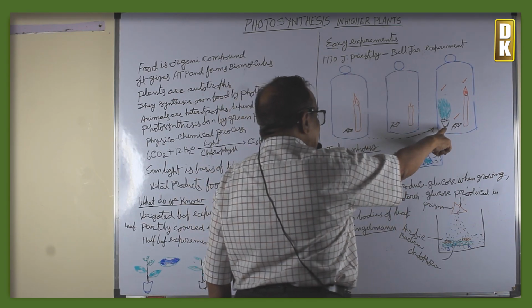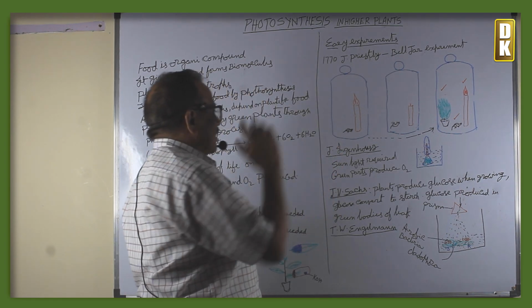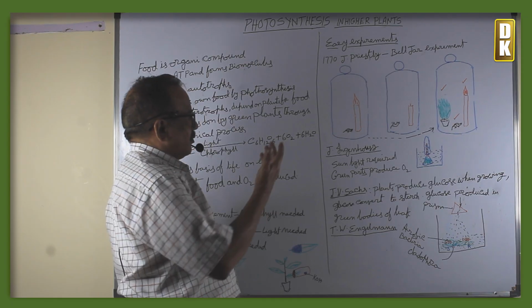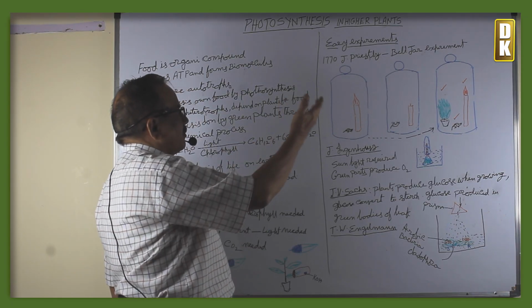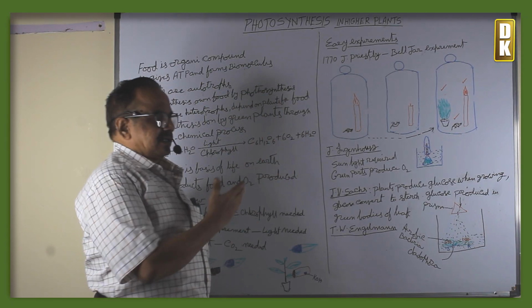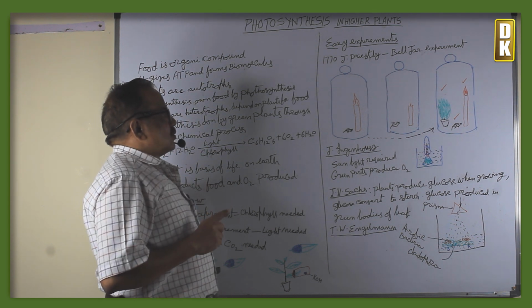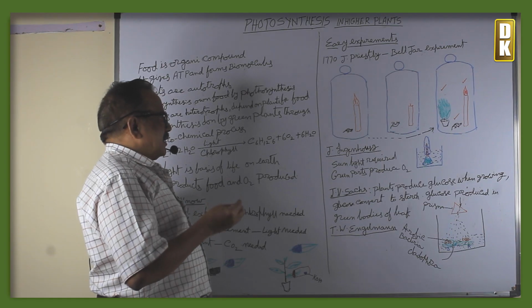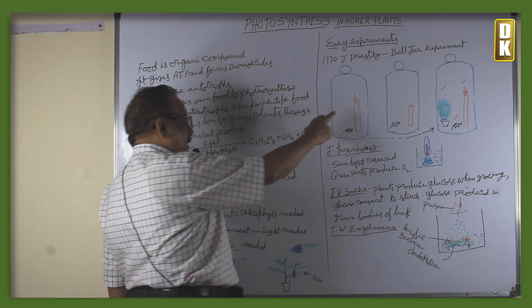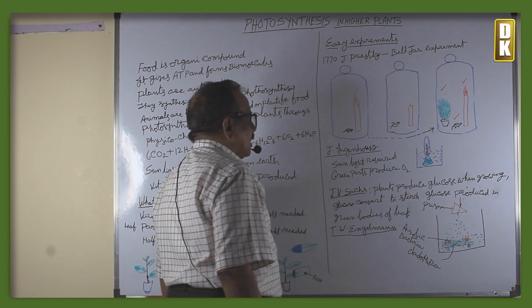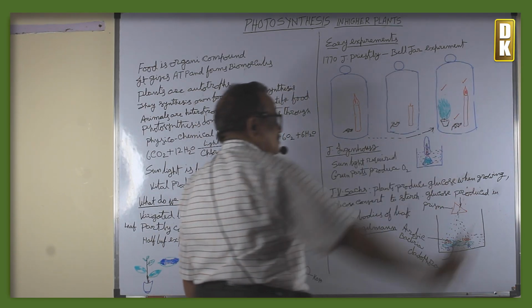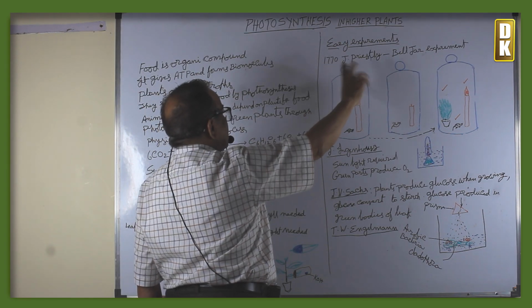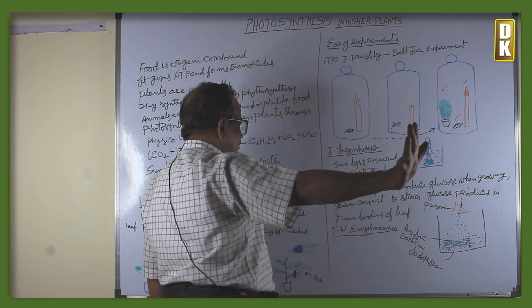But when he inserted a potted plant, the mouse stayed alive, the candle kept burning, and nothing happened to the plant. So he concluded that the air damaged by the mouse and the burning candle is restored by the plant. That is the Priestley bell jar experiment, and these are the things you should remember.